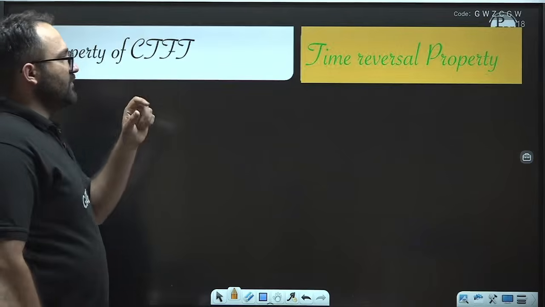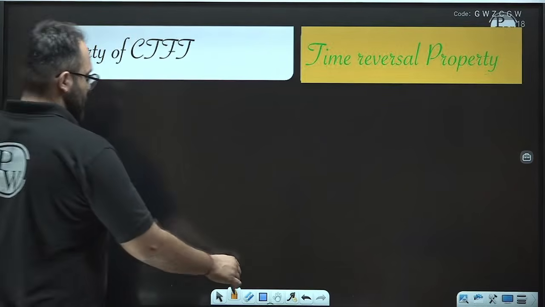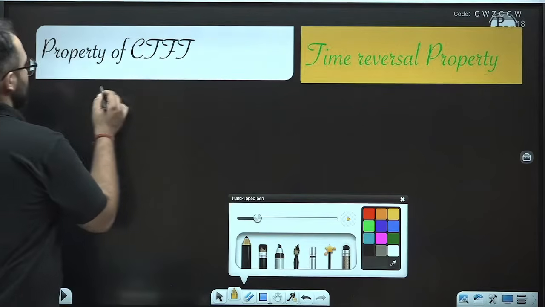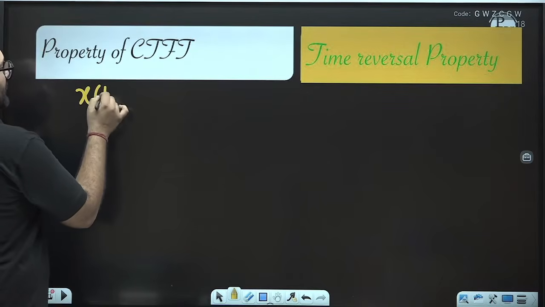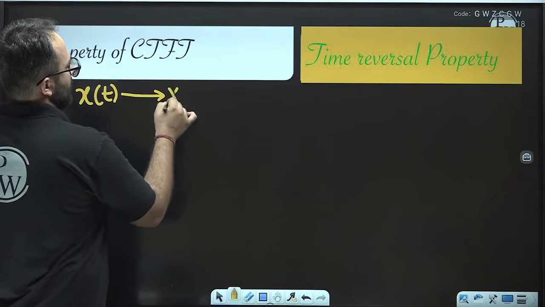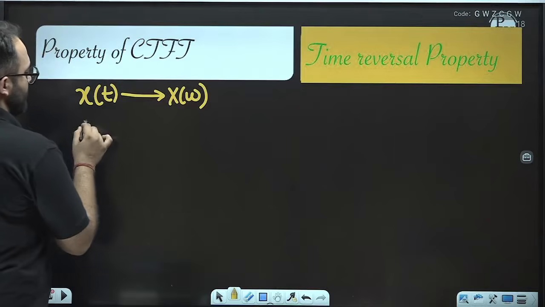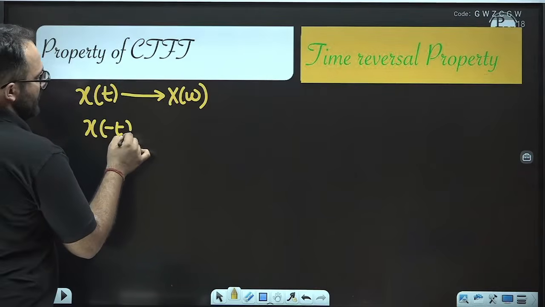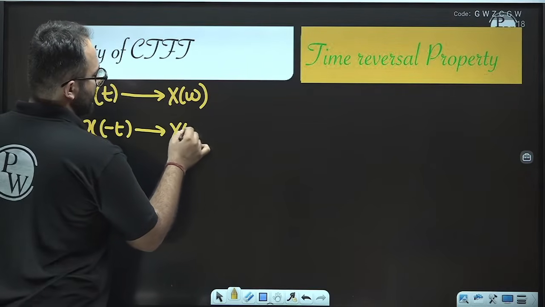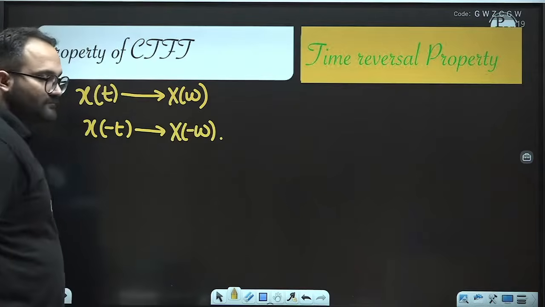So first of all, the first property is the time reversal property. It's a very simple property. If xt has Fourier transform x omega, then x of minus t will have Fourier transform x of minus omega. Great.